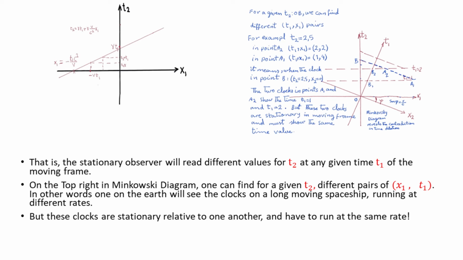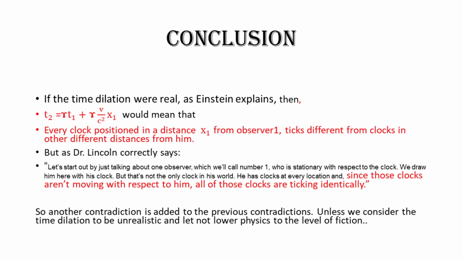But these clocks are stationary relative to one another and have to run at the same rate. Conclusion: if the time dilation were real, as Einstein explains, then T sub 2 equals gamma times T sub 1 plus gamma times V over C squared times x sub 1 would mean that every clock positioned at a distance x sub 1 from observer 1 ticks differently from clocks at other distances from him.